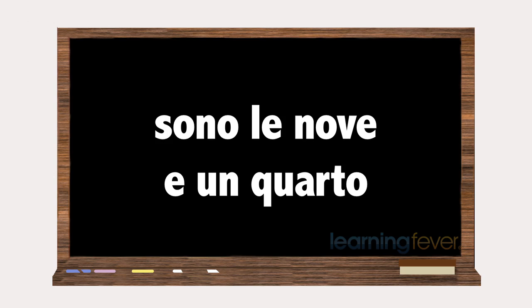This is the basic way to tell the time, which is fully accepted. Other options are, when minutes are 15, you can say sono le nove e un quarto, which means it's 9:15. It literally sounds like they are 9 and a quarter.